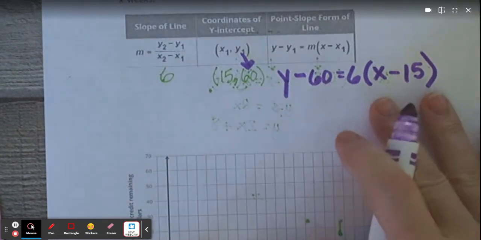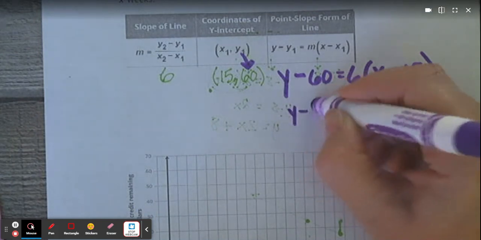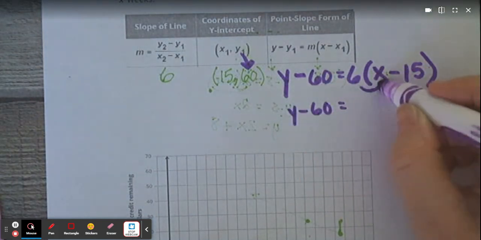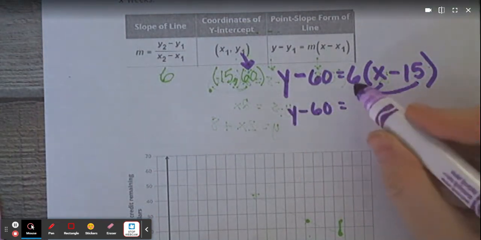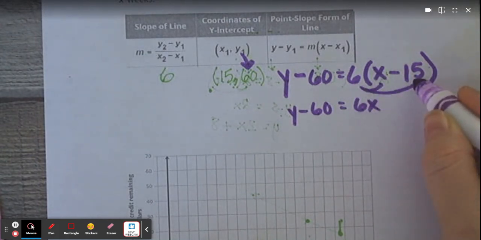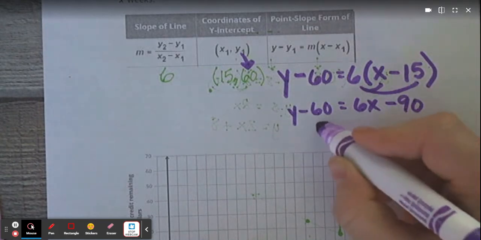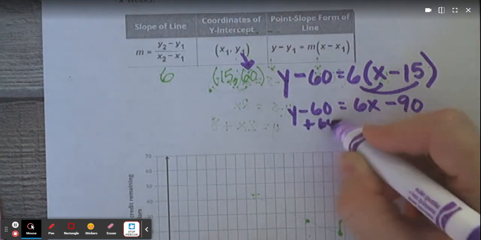Okay, and again, you go through and you can plug this into your solver. It's going to solve it for you. But just to show you, I'm going to distribute. 6 times x is 6x. 6 times negative 15 is negative 90. Then I'm going to add 60 to both sides.